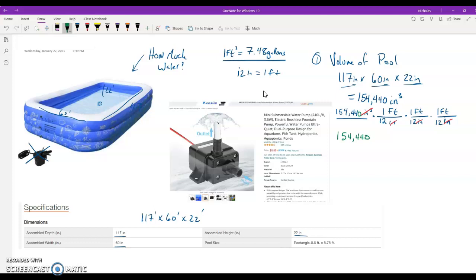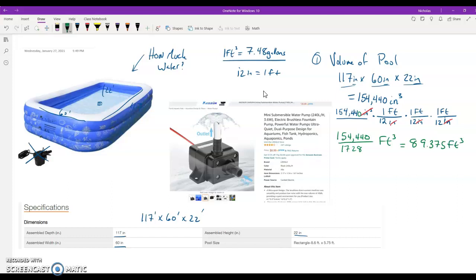And then feet times feet times feet is going to give us our unit of feet cubed. Over 12 times 12 times 12 gives us 1,728. So when we move this over to feet cubed, 154,440 divided by 1,728 gives me 89.375 cubic feet.